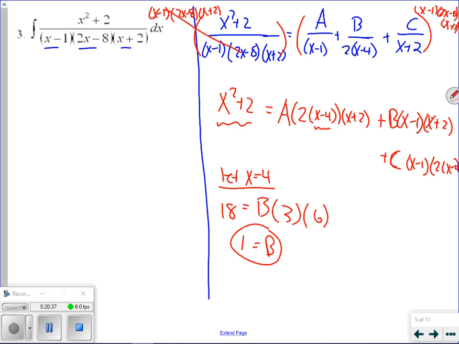All right, find another factor. What happens if I let x equal 1? That's going to cross off your B term and your C term, the ones that have x minus 1. So that's 1 squared plus 2, so I have 3 equals A, and then 2 times 1 minus 4 is negative 3, and 1 plus 2 is 3.